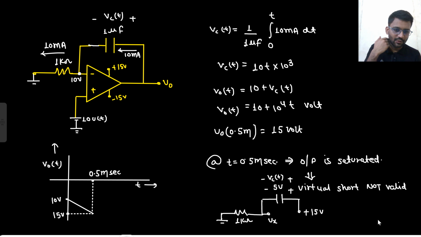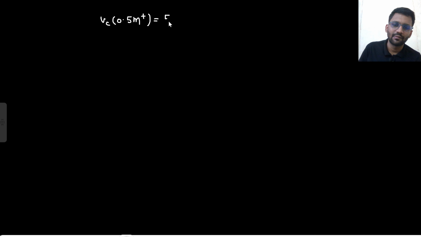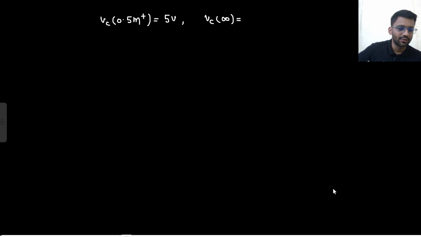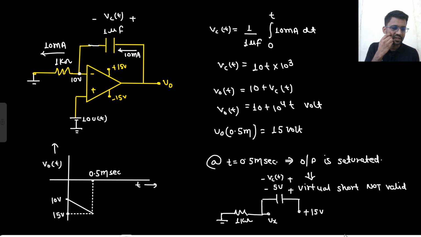VC at 0.5 millisecond plus is 5 volt. VC at infinity, this capacitor will be open circuited, so VC at t equals to infinity will be 15 volt.